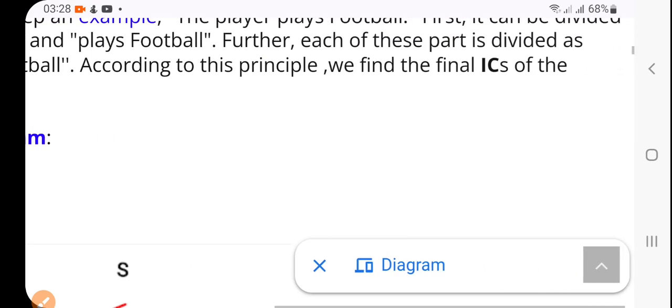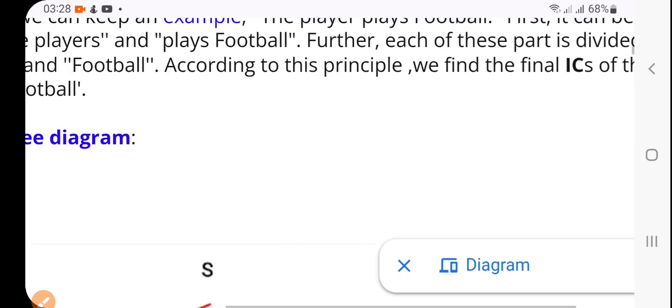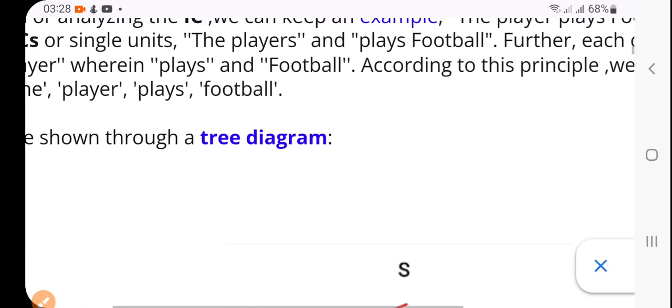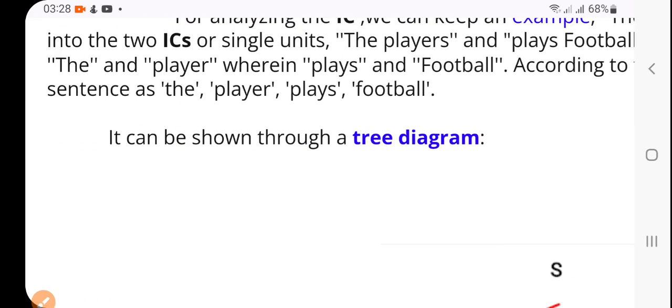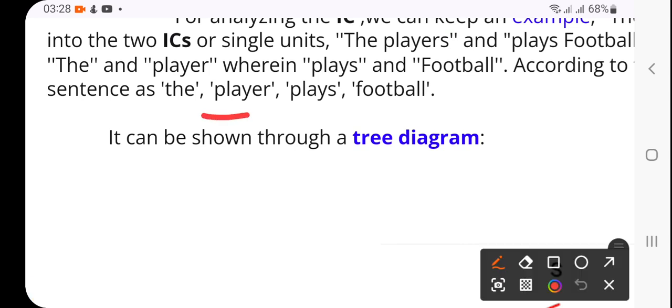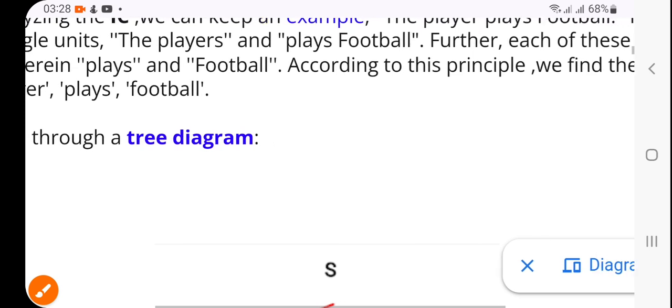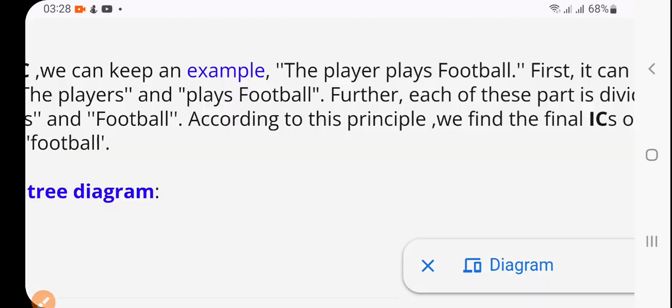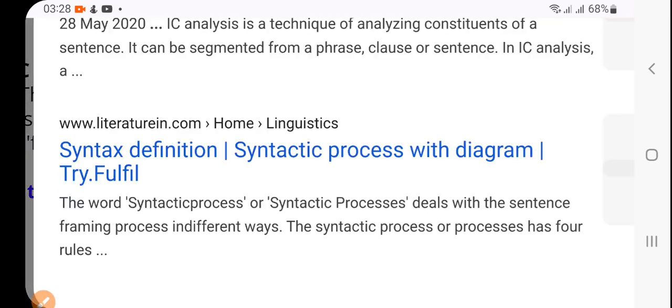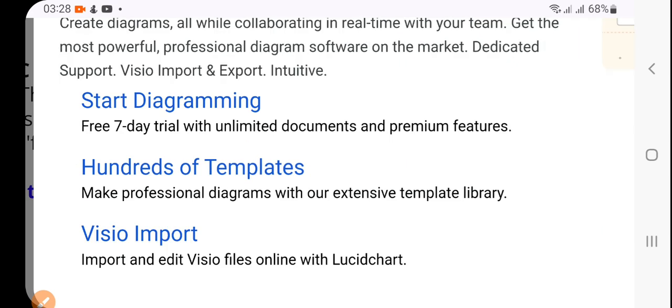So according to this principle, at last what we get is the, player, plays, football. Three ICs are there, right? Let us see the example they are giving.